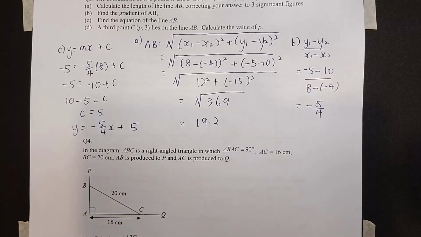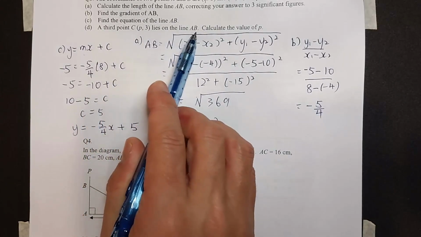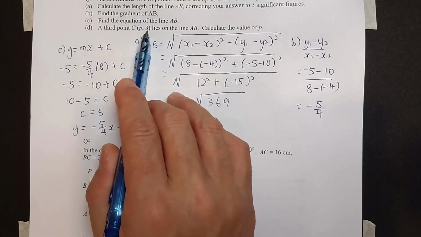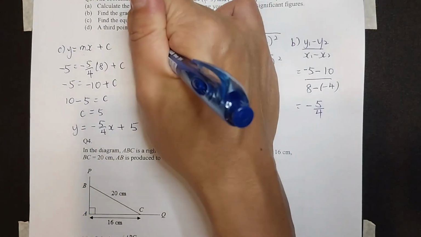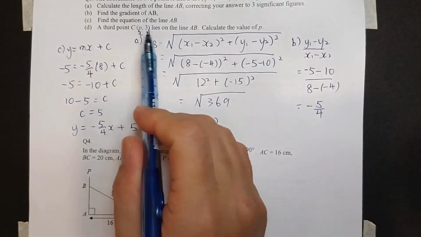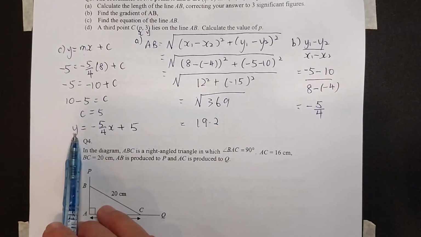Okay, lastly, a third point, P3, lies on the line AB. So the P3 will lie on this line, and they already gave us this value of y here, because the first coordinate here is x, the second one is y. It's always x, y. So y is 3. So all we need to do is just substitute 3 here.